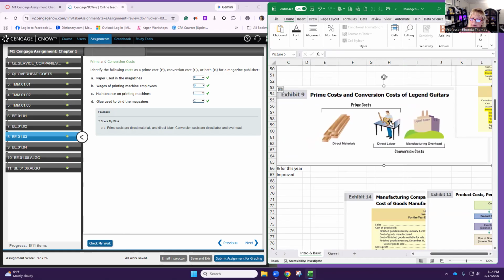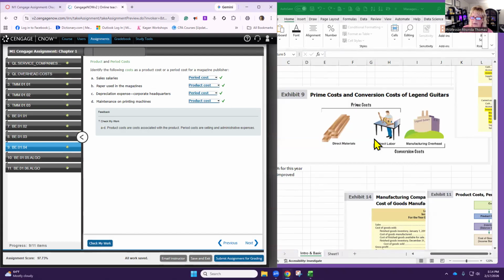Conversion is direct labor and manufacturing overhead, so direct labor is both. Paper used in the magazines is going to be prime. Wages are going to be in both groups. Maintenance on the printing machines and the glue are conversion. Once again, direct labor is both.